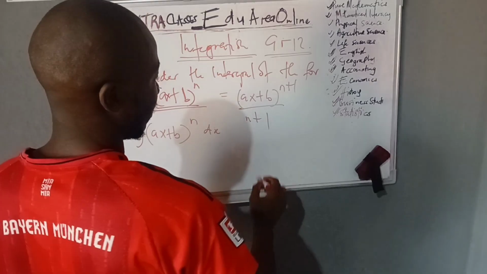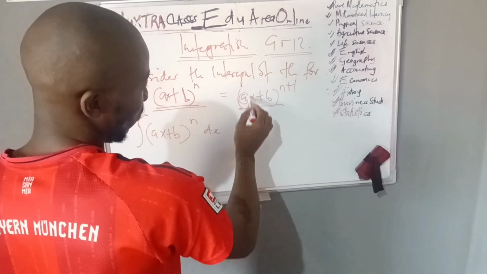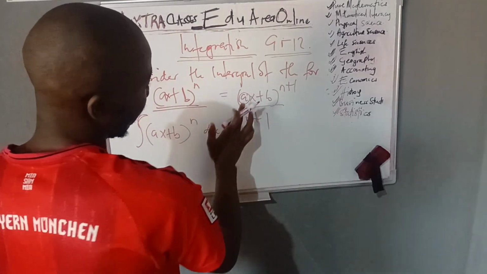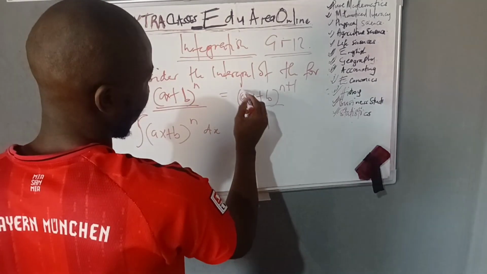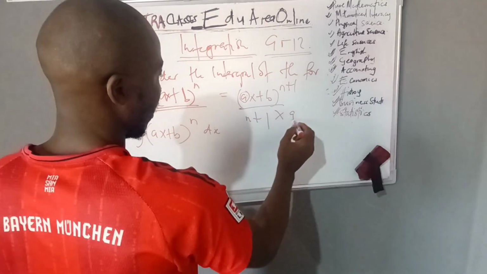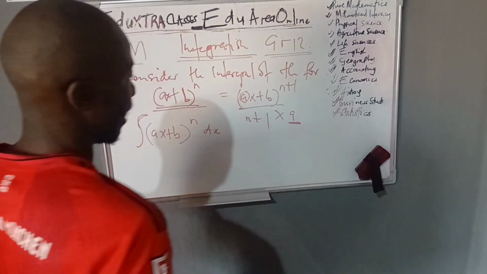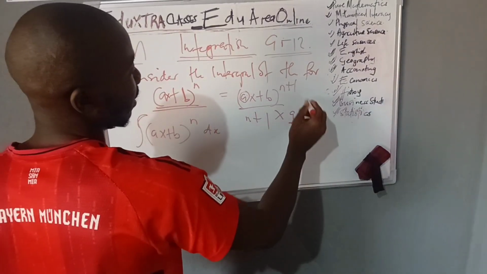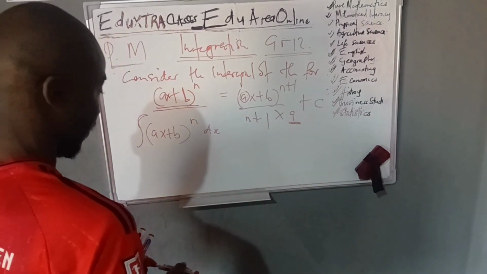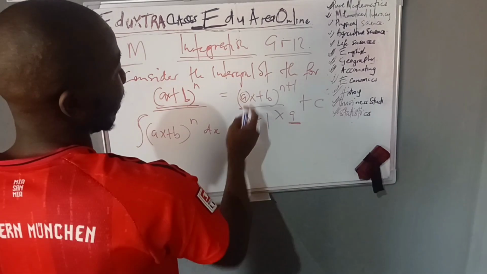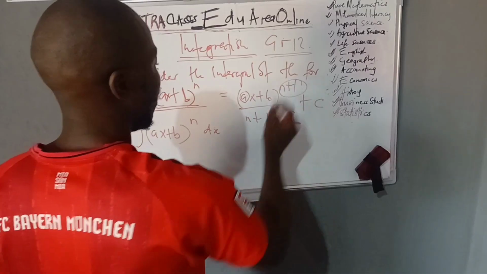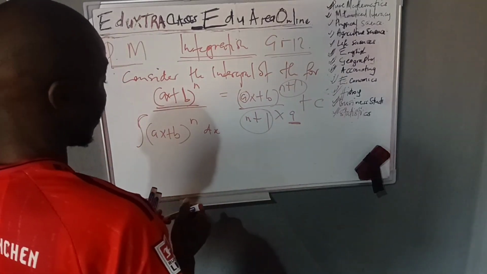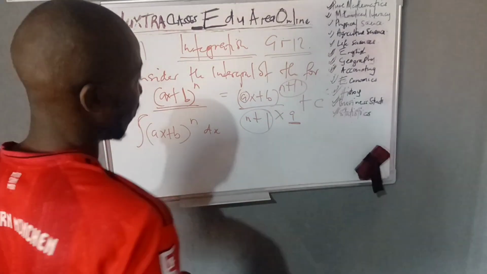But there is a condition where this a is the coefficient of x. We multiply it here, right? When we multiply, then we add the constant. So we are saying ax plus b to the power n plus 1 over n plus 1, but now we are multiplying with the constant a.